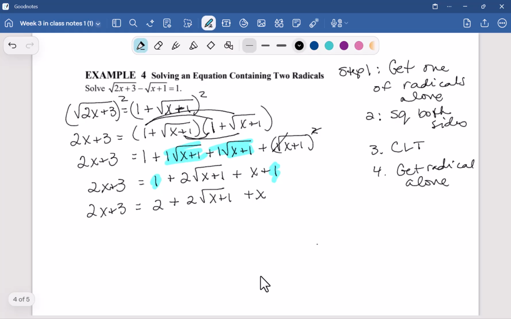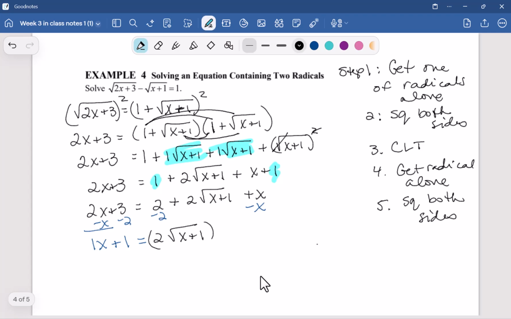So anything that's not the radical, I minus the x from both sides. So that's 1x. I minus the 2, I minus the 2, plus 1 equals 2 square root of x plus 1. Step 5, square both sides.